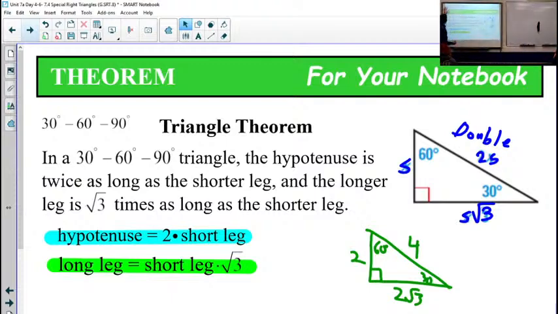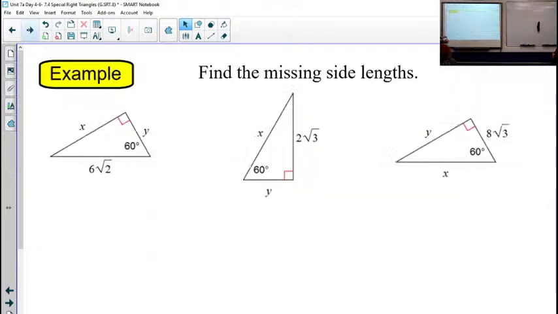Let's keep going. Let's see a few more, and then I'll let you try some. Here's what we're going to do. This is 60. That means this one is my 30.